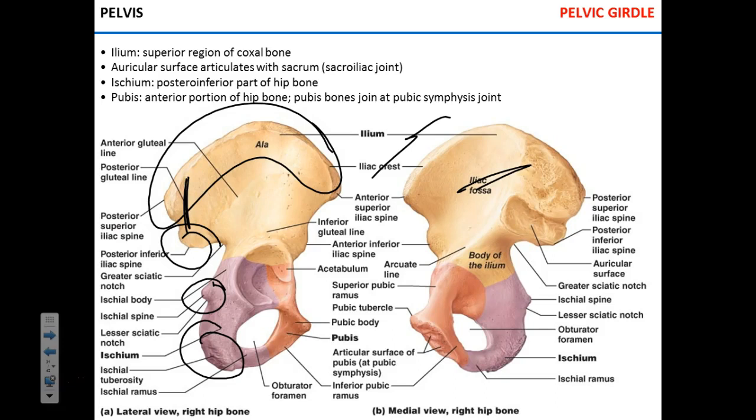Muscles of the abdomen, like the rectus abdominis, the six-pack, okay, and oblique muscles are attached to the pubis.